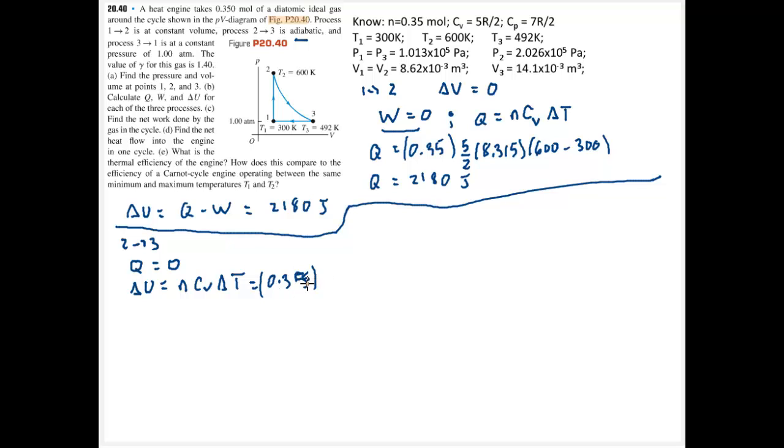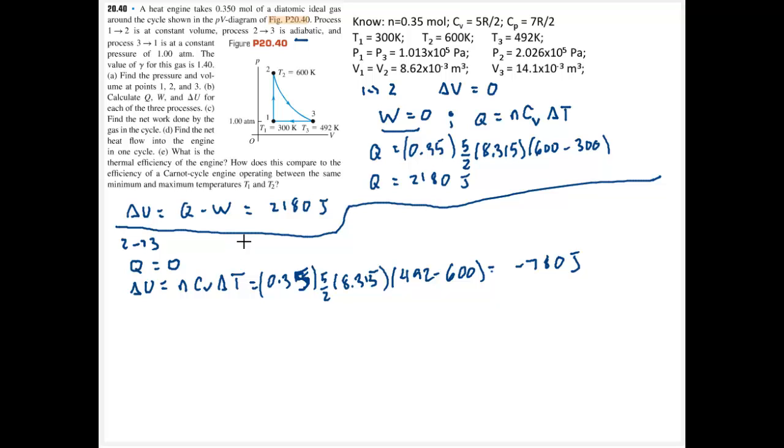I'm sorry, 35 moles. CV is going to be equal to 5/2 times 8.315. Now in this case, it's going to finish at 492, and it's going to start at 600. So the change in internal energy is going to be equal to negative 780 joules.